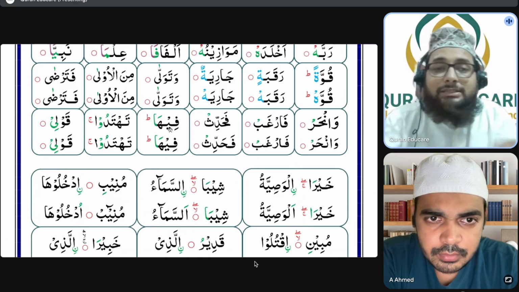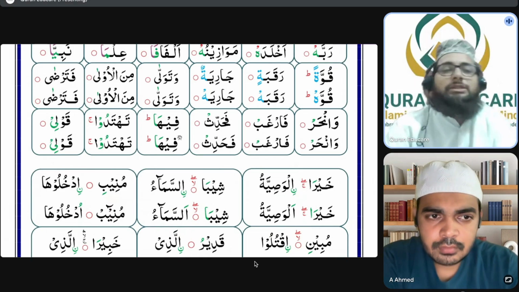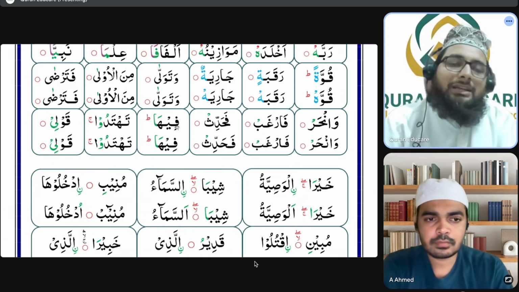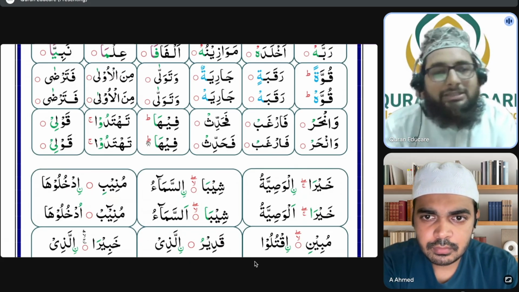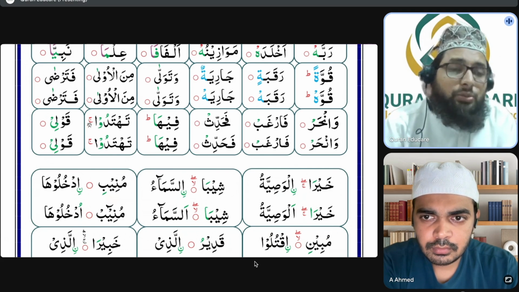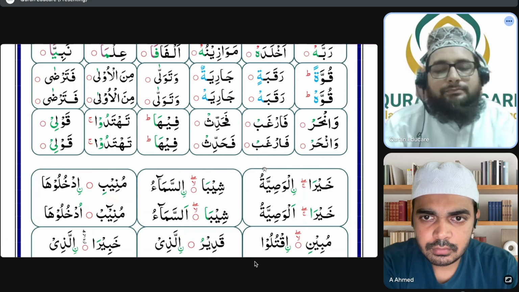Number three, madda letters. Madda letters will never change even in the state of waqf, like fiha, fiha is remaining the same. Tahtadu, tahtadu, got it?